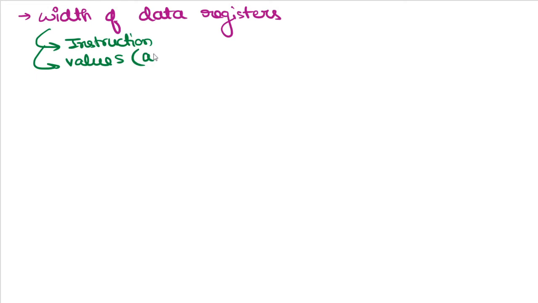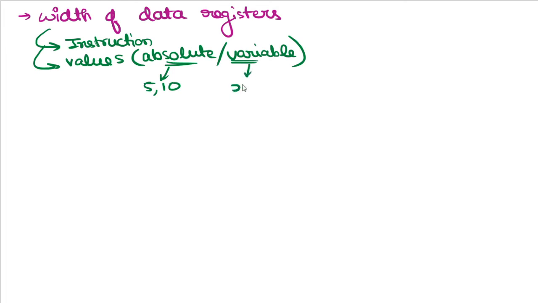These values can be absolute values or variables. Our program generally contains both. An absolute value is something like 5, 6, 10. Variables are things that we initialize and use, like x, y, j. So a data register stores instructions and values.